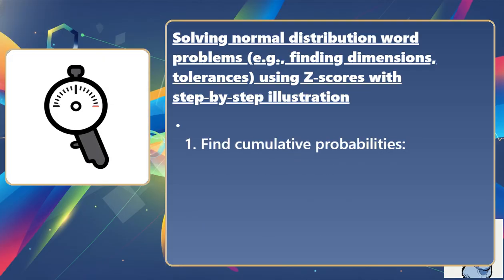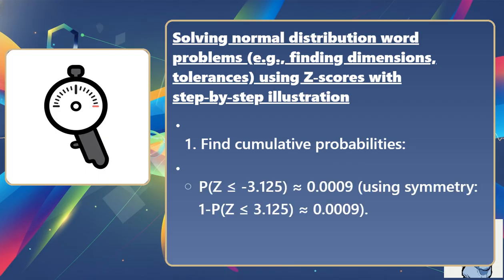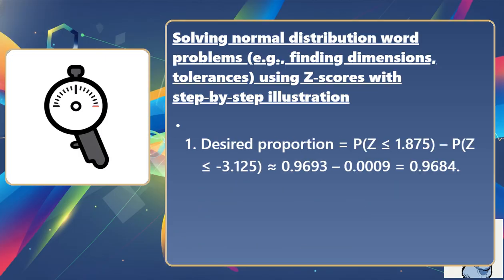3. Find cumulative probabilities. P of z less than or equal to minus 3.125 is approximately 0.009. Using symmetry, 1 minus P of z less than or equal to 3.125 is approximately 0.009. P of z less than or equal to 1.875 is approximately 0.9693. 4.